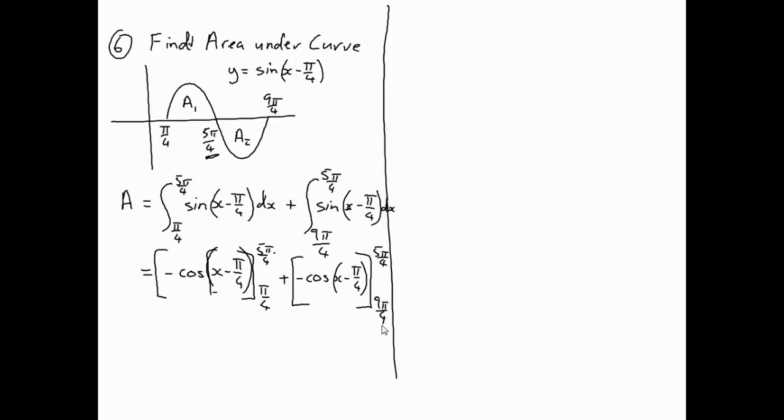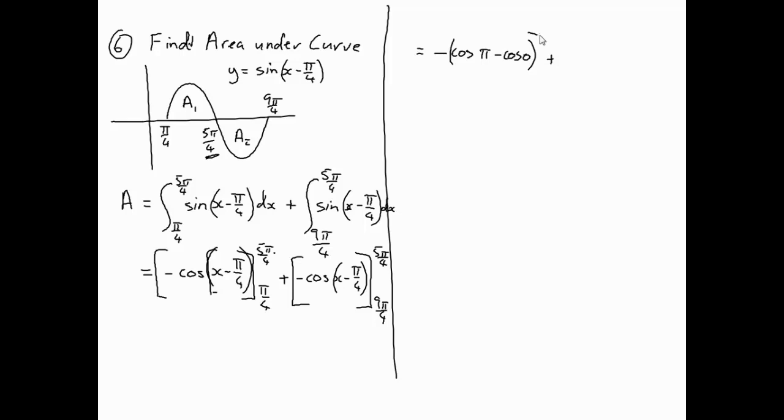Well, let's bring that up here. That gives me minus outside the cos of 5 pi on 4 minus pi on 4, which gives me 4 pi on 4, which is pi, minus cos of 0.